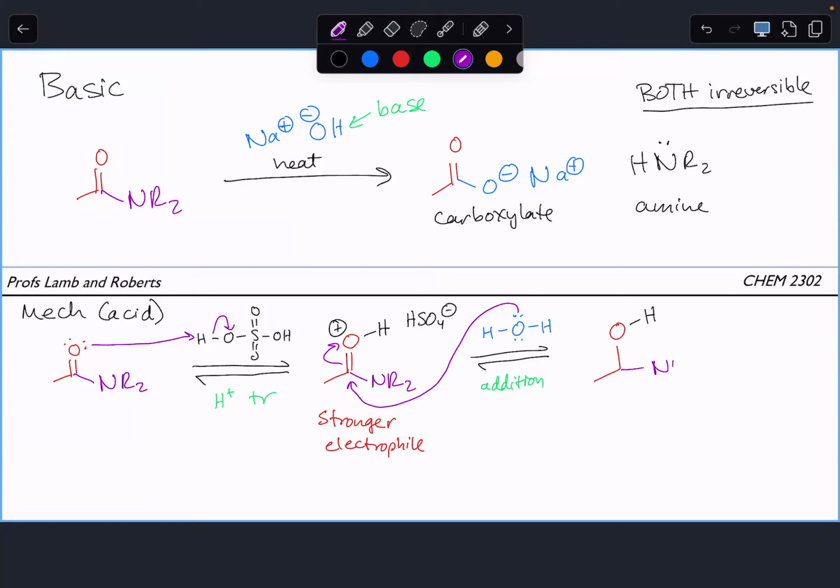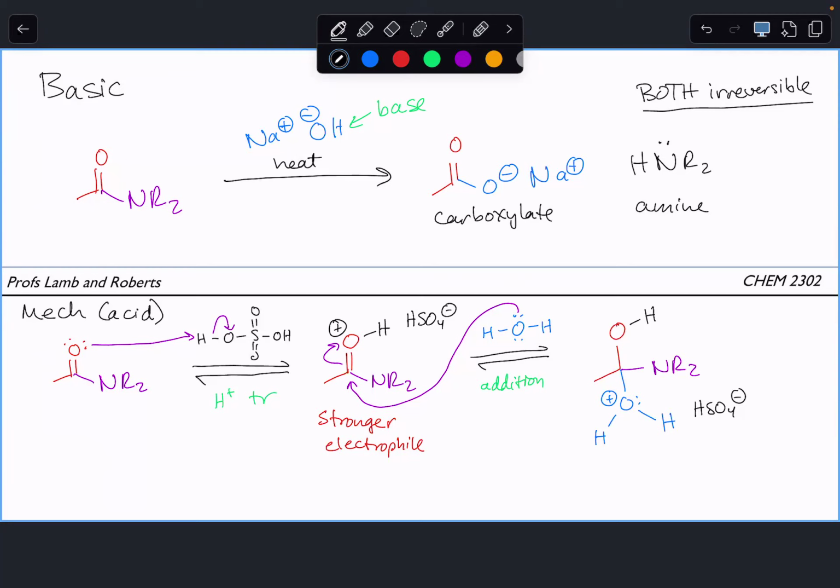It forms our tetrahedral intermediate. Okay, our new nucleophile that just came in is positively charged.